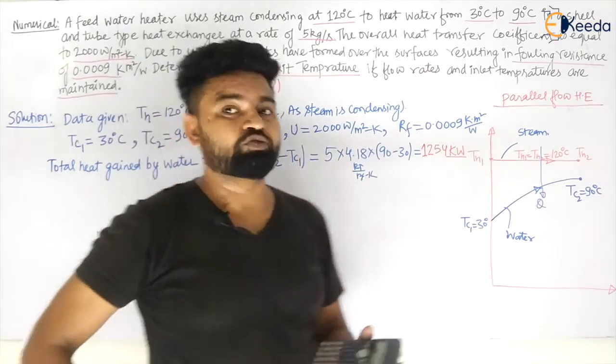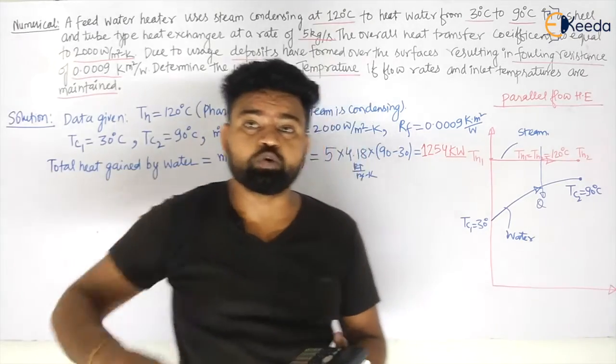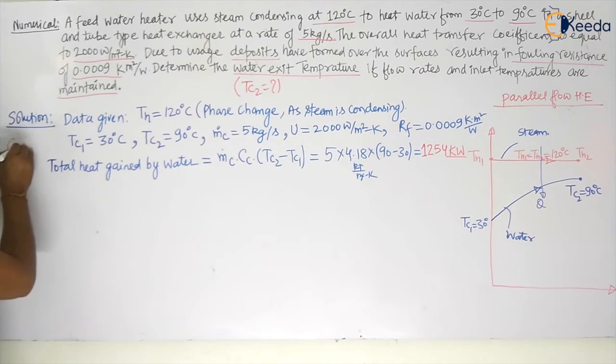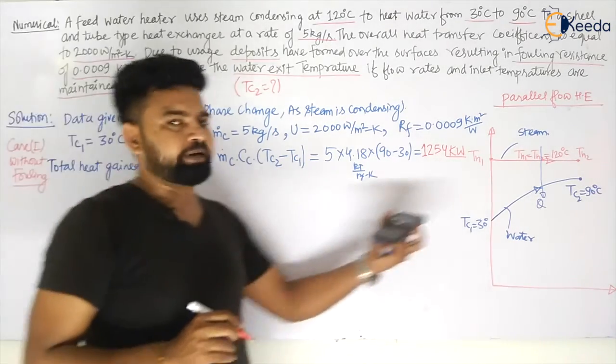This is the heat transfer when there is no fouling, my dear students. So we can take the first case to be without fouling. Can I calculate the effectiveness for that parallel flow case?